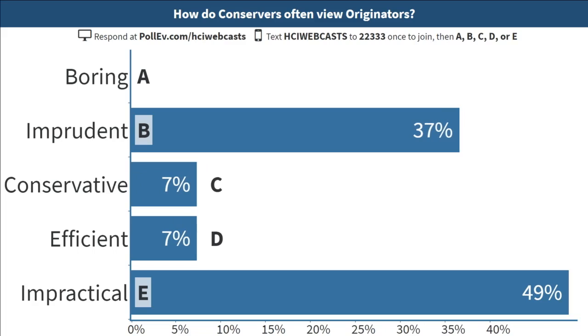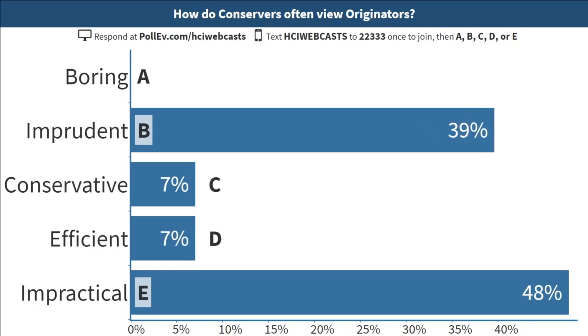Generally, conservers wish that their originator colleagues would be more conservative, would be more efficient. So as a group, absolutely right. They see them as imprudent and impractical much of the time.